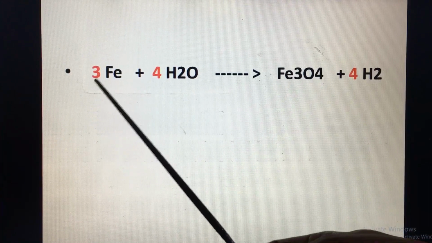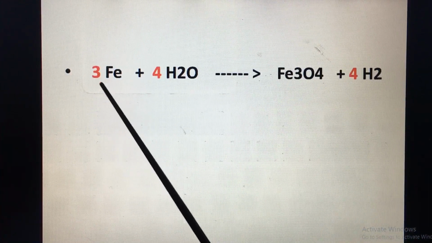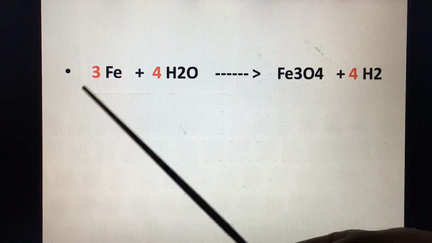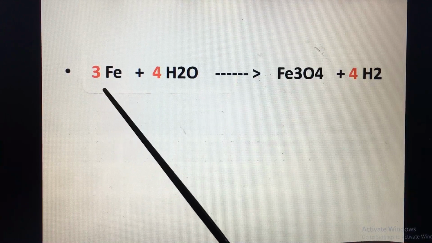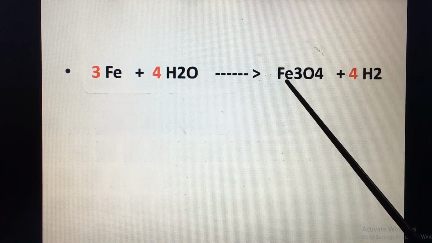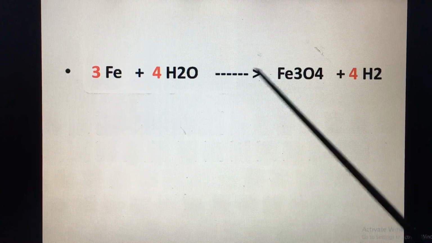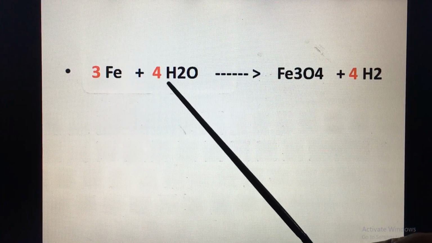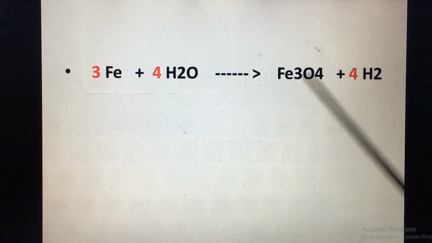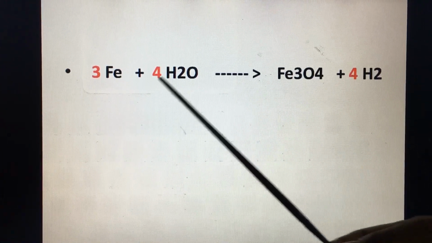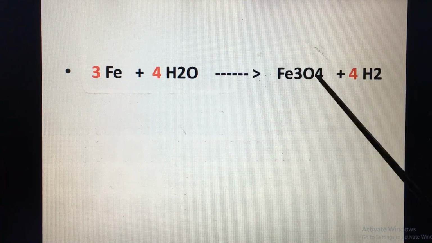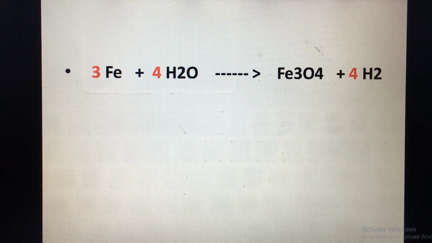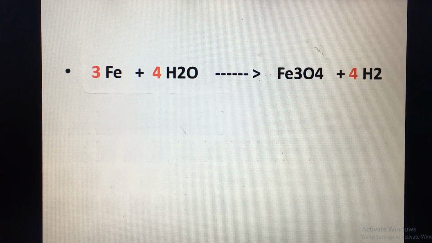I multiply the iron atom by 3. So all get balanced now. On the LHS side 3 iron atoms, here 3 iron atoms, 8 hydrogen and 8 hydrogen, 4 into 2, 4 oxygen and 4 oxygen. So this chemical equation is balanced.